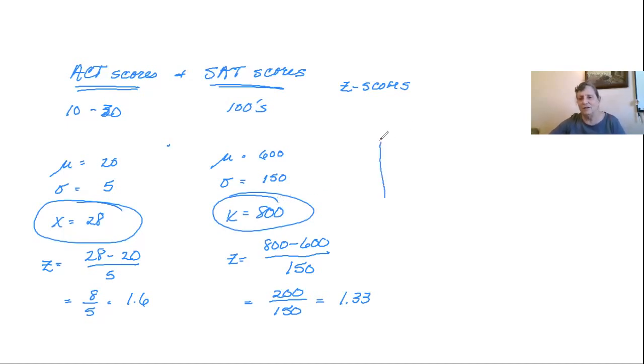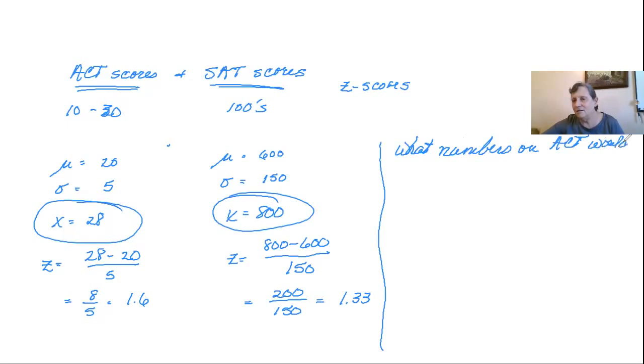Now, next question. What numbers on the ACT would be significant? In other words, at what point would we say somebody was a genius or not?